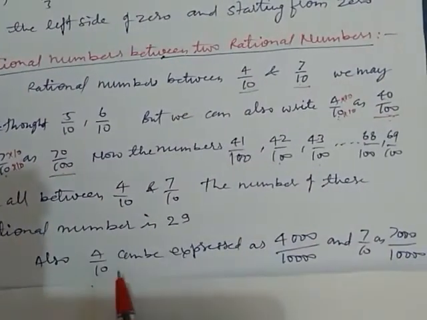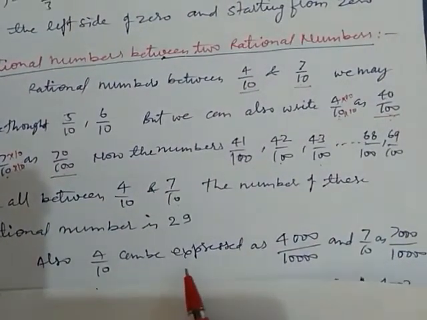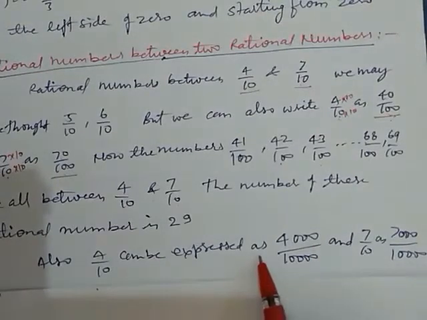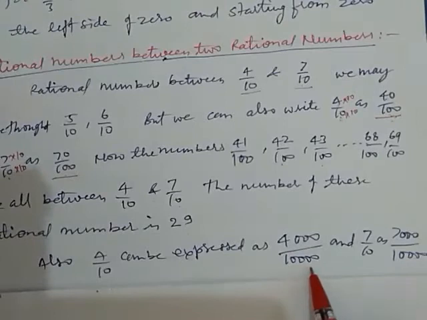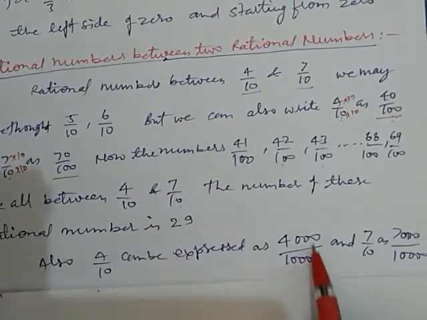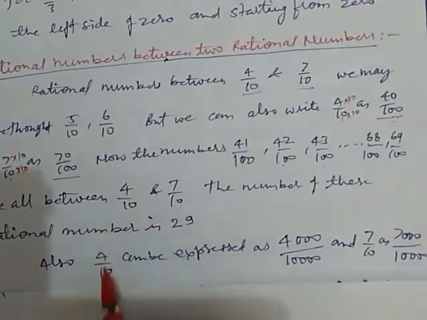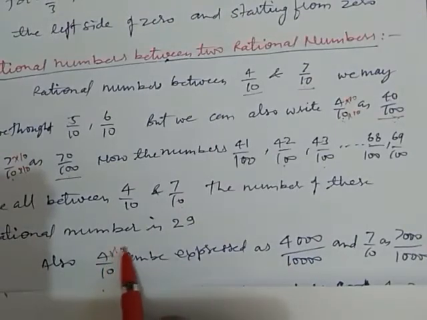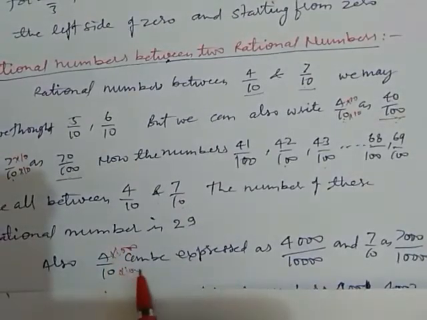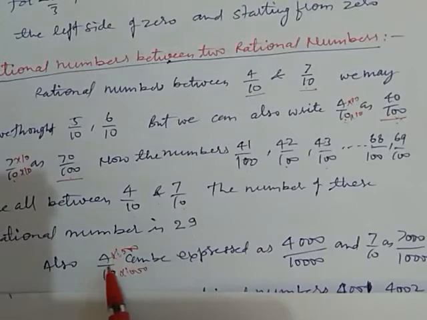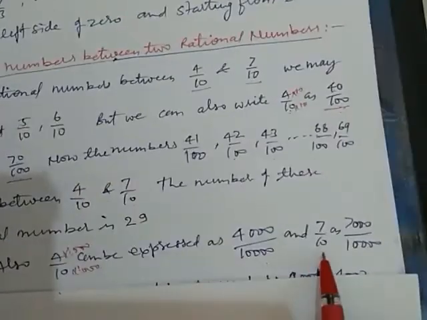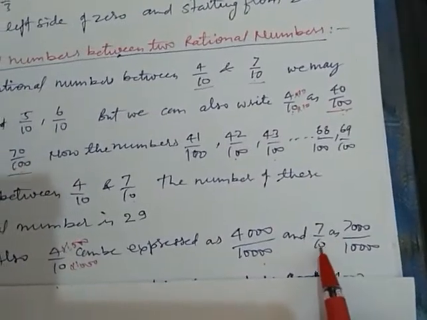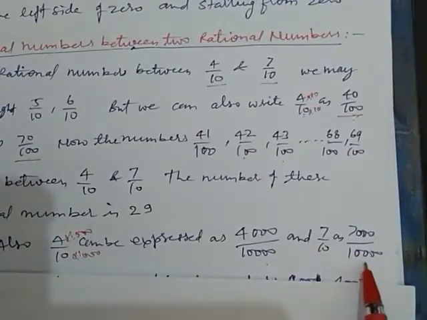Also, 4 by 10 can be expressed as 4,000 by 10,000. How? We multiply the numerator and denominator of 4 by 10 by 1,000, so it becomes 4,000 upon 10,000. Similarly 7 by 10 becomes 7,000 upon 10,000.